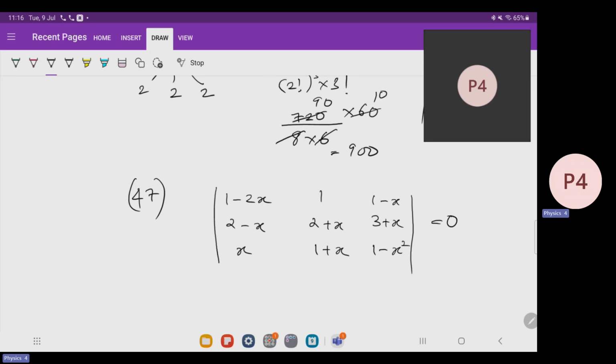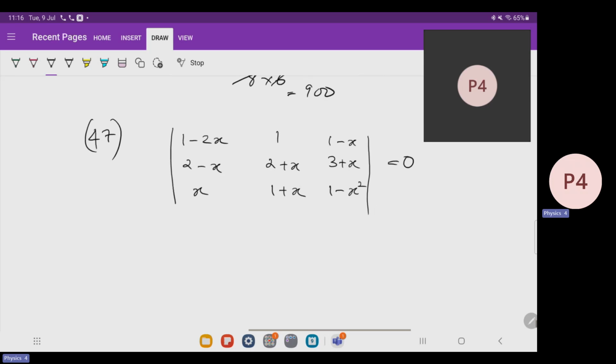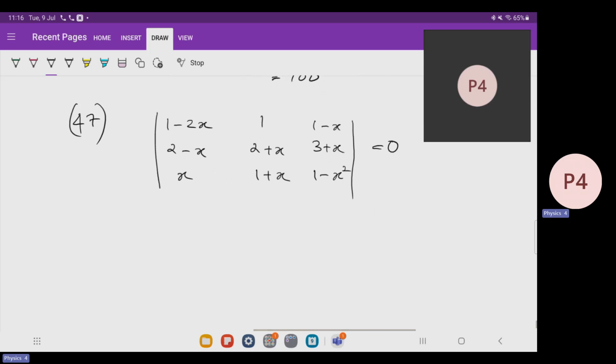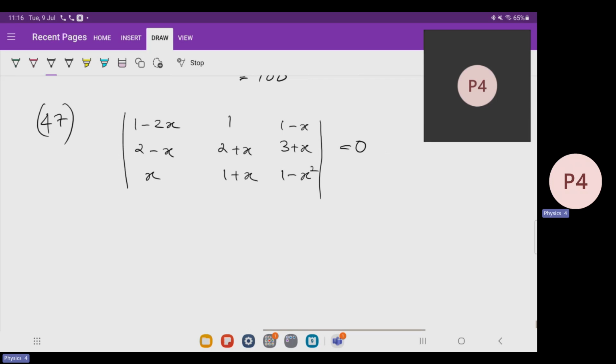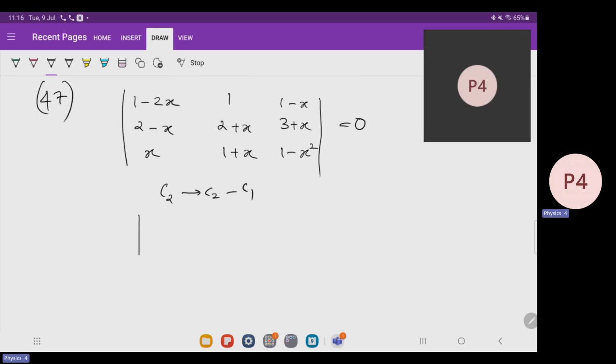So the product of the roots of this equation is what we want. Now, what kind of simplification can we do before expanding this? So I'm going to do C2 gives C2 minus C1. So C1 is as it is. What will be C2 minus C1? That would be 2x, 2 plus x, minus 2 plus x.